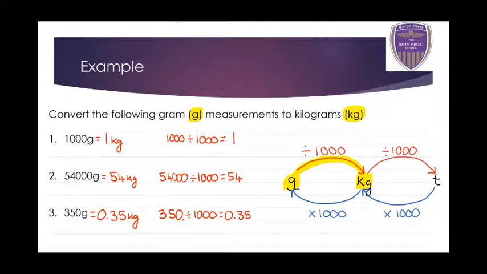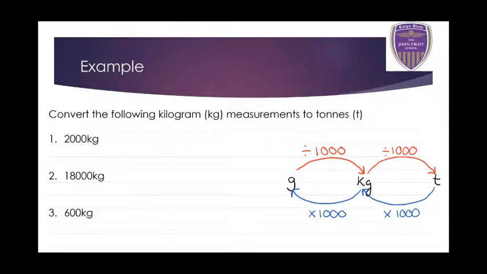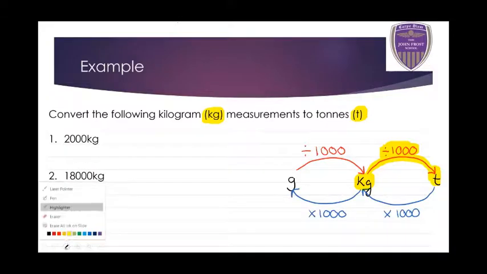Next example. So now we want to convert the following kilogram measurements into tons, okay? So same as last time, we find kilograms on our flow chart, and we want to go from kilograms to tons. And we do that by dividing by 1,000 again, okay? So it's the exact same as if we were converting from grams to kilos, kilograms to tons.